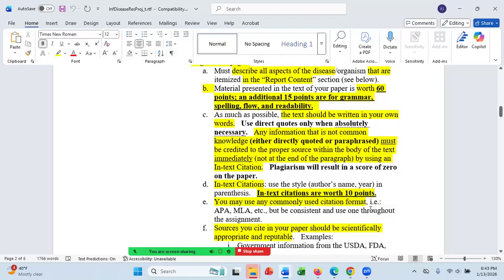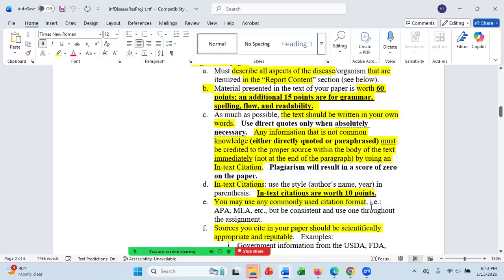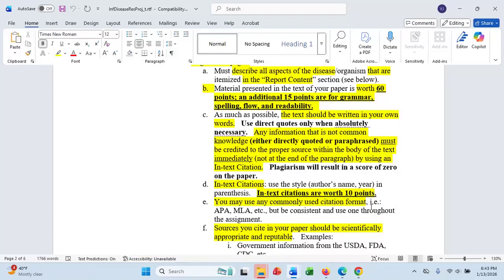At the end of the paragraph, all you need to do is put reference one. But that's the exception. If ever you have a paragraph having more than one citation, then you have to put it after each sentence, wherever you have a statement of fact which is not common knowledge, or whenever you quote someone or paraphrase. Otherwise, it's plagiarism, and plagiarism may result in a score of 0 for the paper.